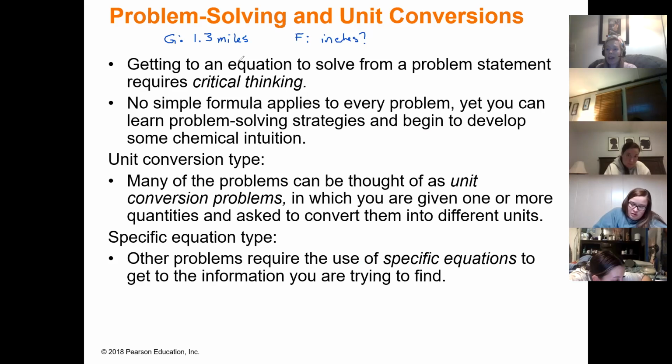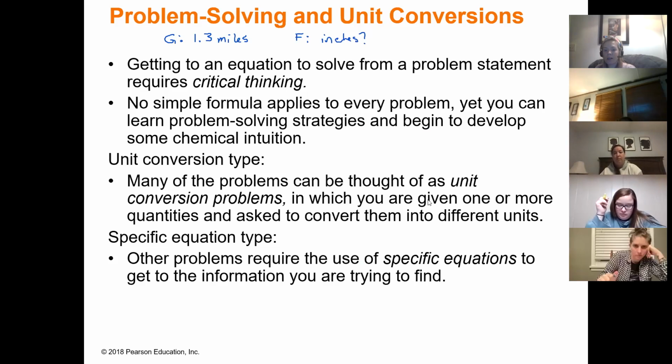There's no nifty way like the metric system to just move the decimal around, okay? In this case, we have to set the problem up using dimensional analysis and unit conversions, which sounds, I think, scarier than it actually is.